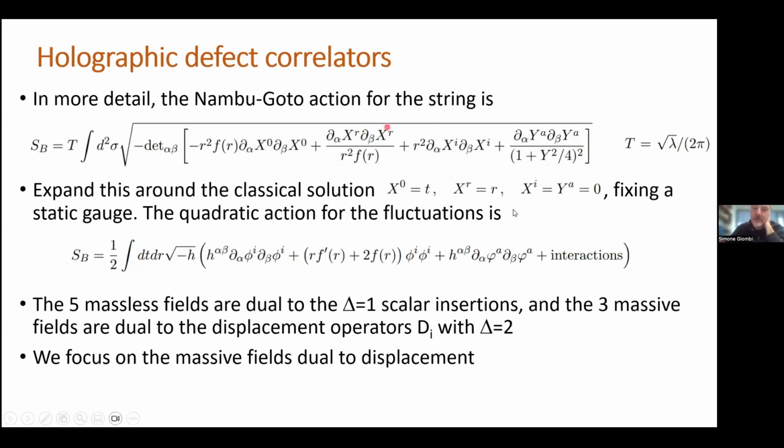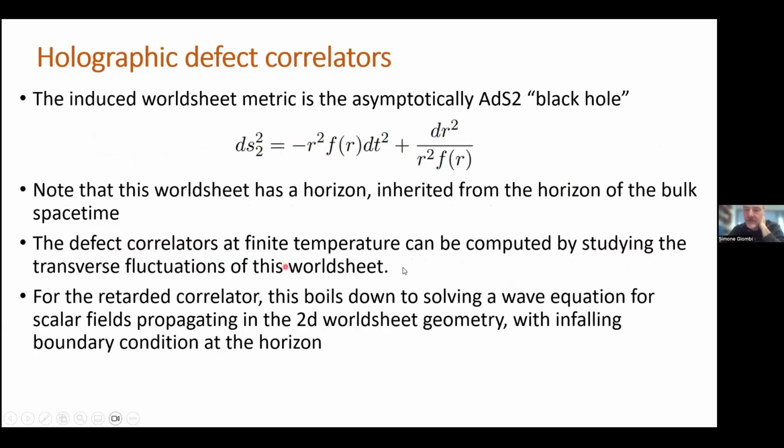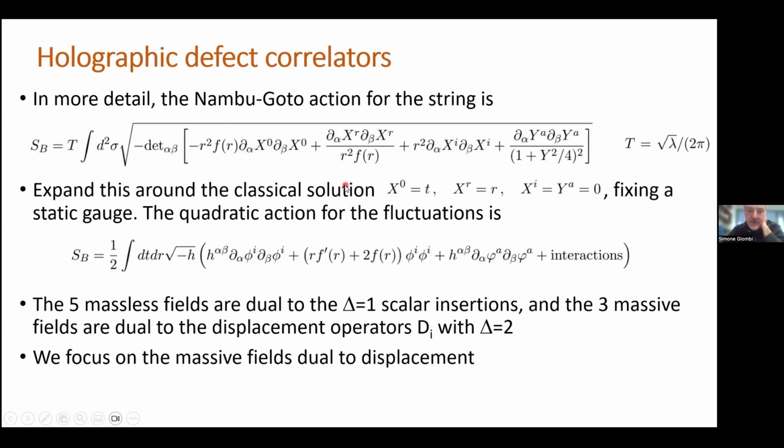In more detail, you can start with the Nambu-Goto action for the string and expand that around this static string solution, using a static gauge where the longitudinal coordinates don't fluctuate. Expanding this to quadratic order, this reduces to some two-dimensional field theory on that induced metric, which is denoted by H here. So H is the metric of this two-dimensional space.